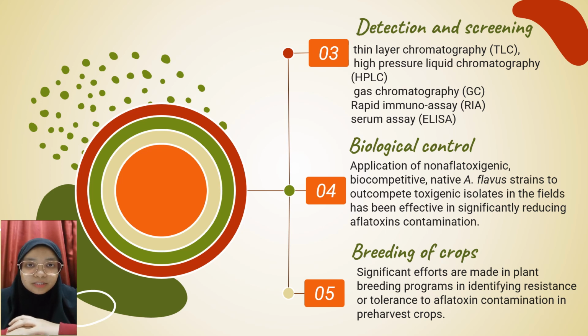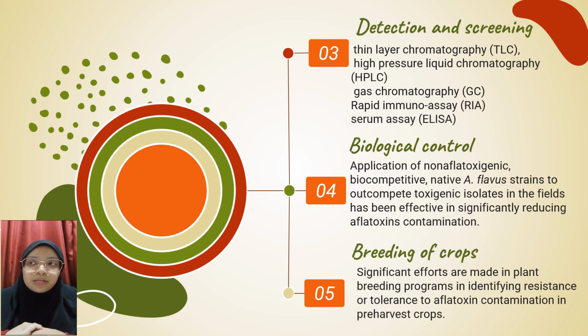For detection and screening, surveillance programs have been established to reduce the risk of aflatoxin contamination in humans and animals. Techniques including TLC, HPLC, GC, RIA, and ELISA are available for rapid detection of aflatoxin as low as 1/10 of a nanogram per milliliter.